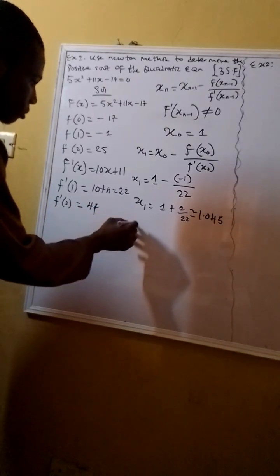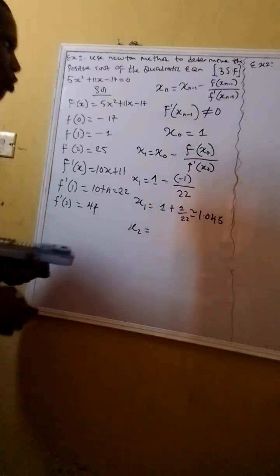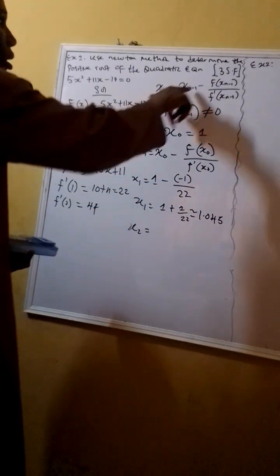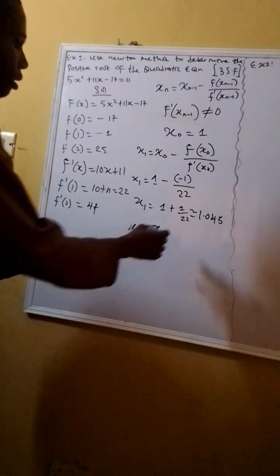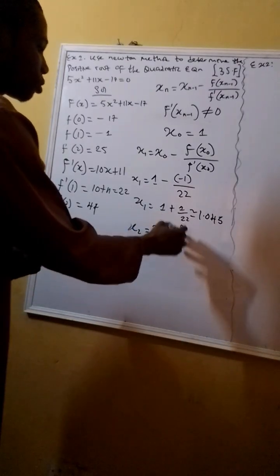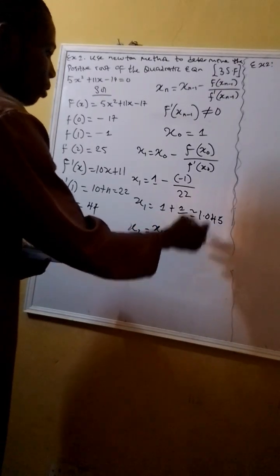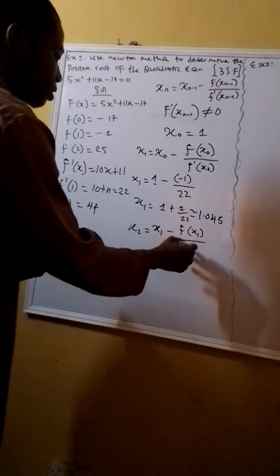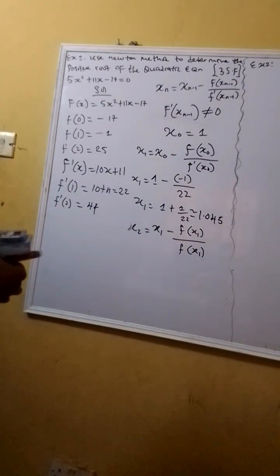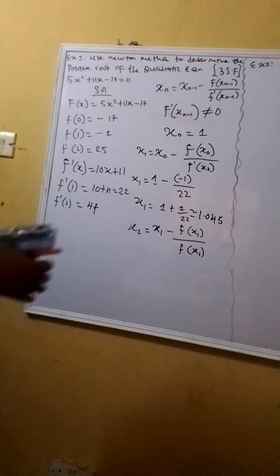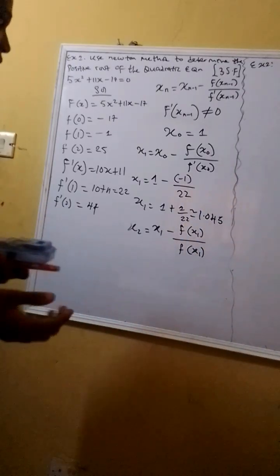So x2 would be equal to, that would be x2 minus 1, which is the value of x1, minus the function of x1 over the differentiated function of x1. Do not forget that you have to break down some certain things.